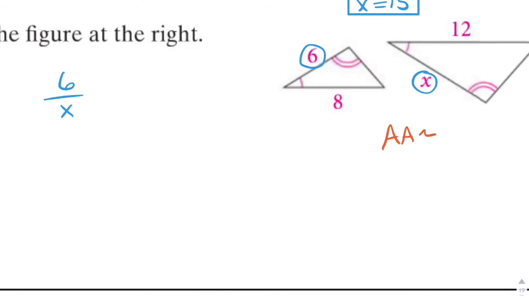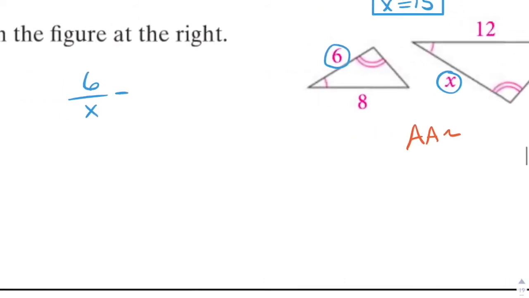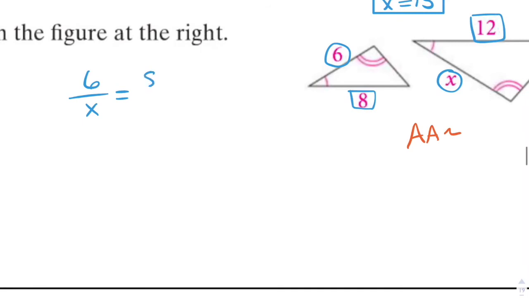It's included. So I did the same thing with x. 1 tick mark, 2 tick marks. It falls right in between both angles, making it included. And now look at where 8 is, and look where 12 is. It's attached to one of the angles, but it's not attached to the two. So I'm going to put it in the appropriate places. I went left to right, left to right.